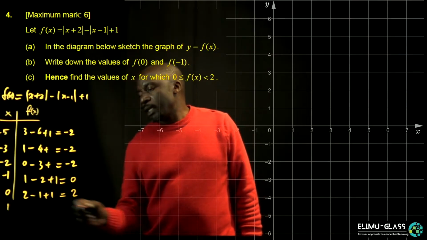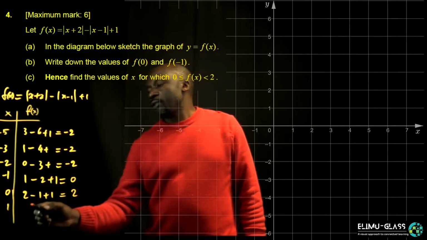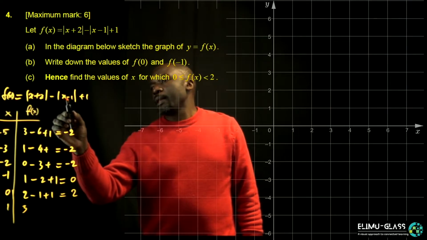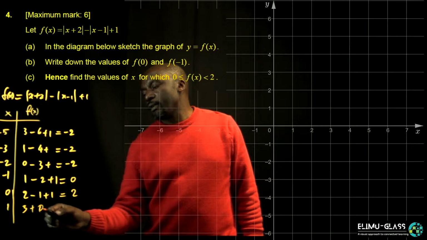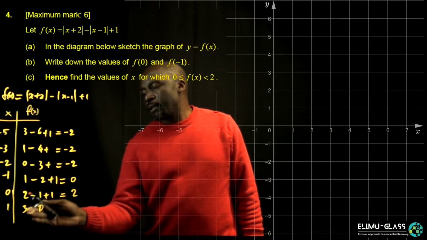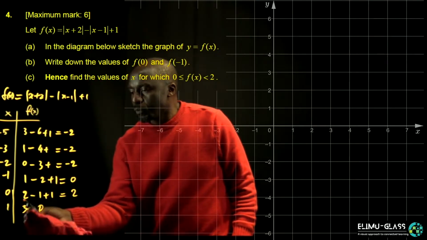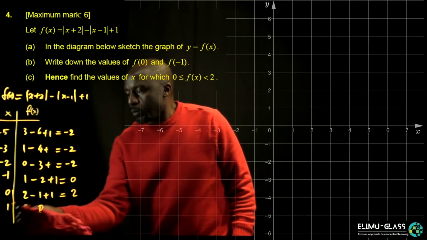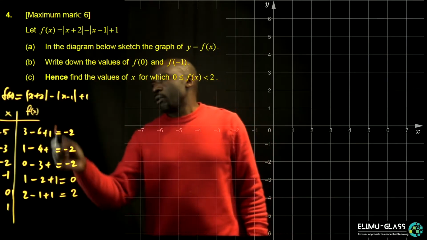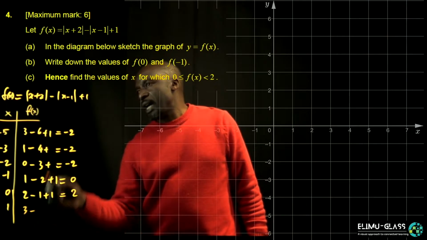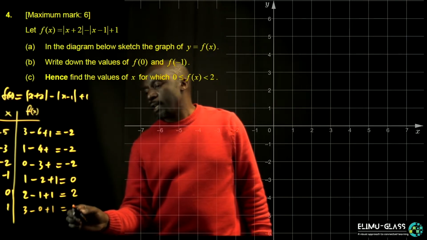When x is 1, I end up with 3 minus 0 plus 1, and I get 4.